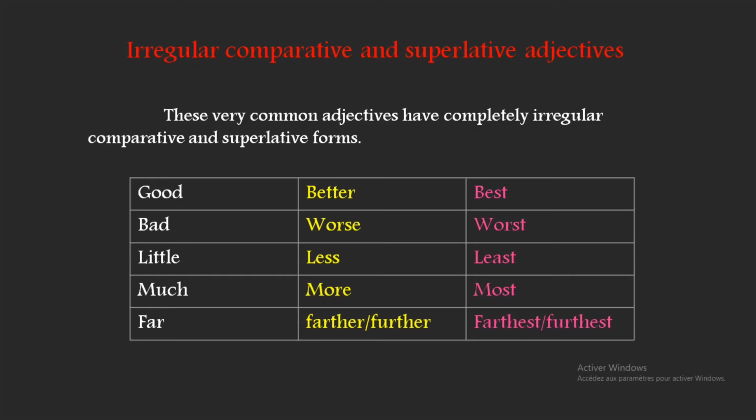Little in the comparative becomes less, in the superlative becomes least. Much in the comparative becomes more, in the superlative becomes most. Far in the comparative becomes farther or further, in the superlative becomes furthest or farthest.